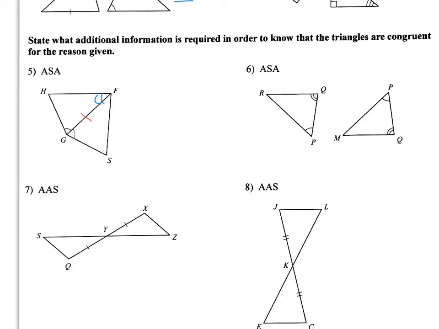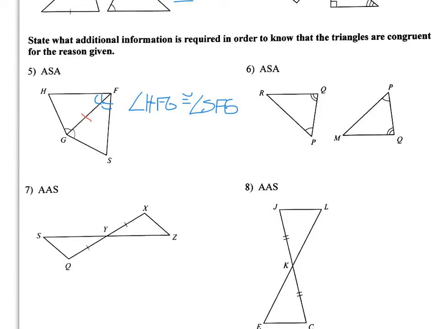In the bottom triangle, it would be angle, side, and then angle. 2 hash marks there, or 2 arcs there. So what I need to know is angle, and I got to use 3 letters here because F has more than one angle at it. So I do H, F, G is congruent to angle S, F, G. So I'm talking about H, F, G, the 2 arcs here, and then S, F, G, the 2 arcs here.